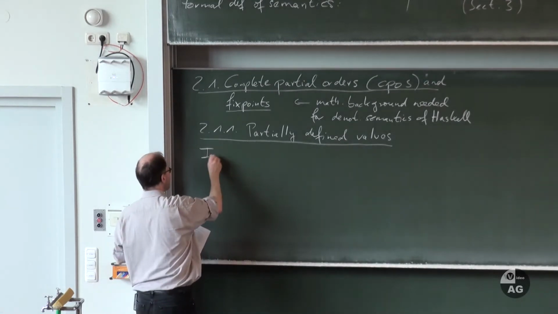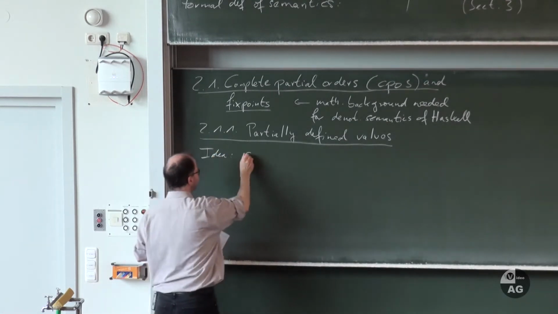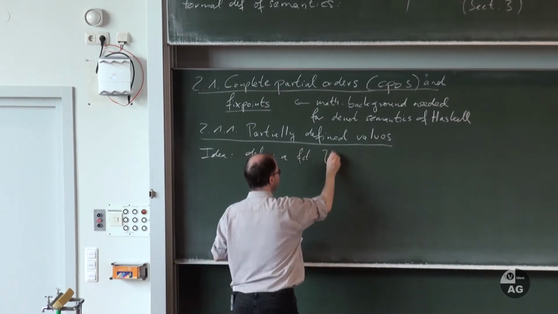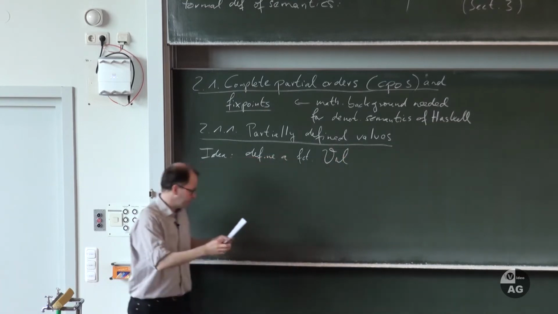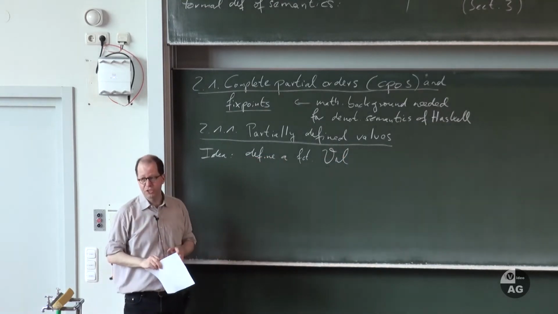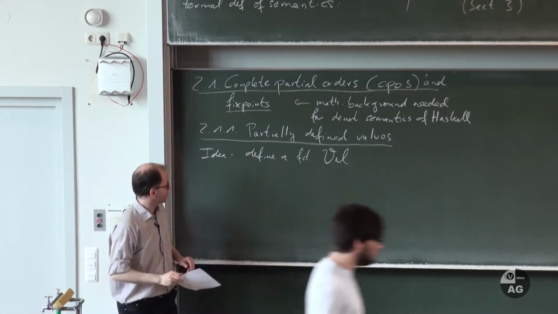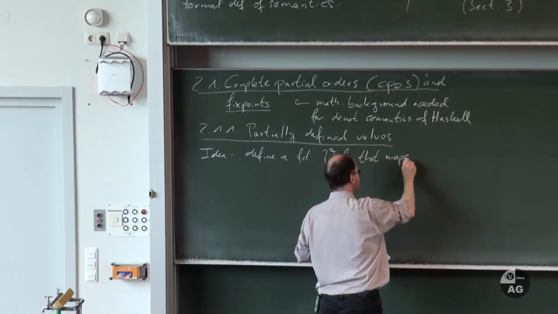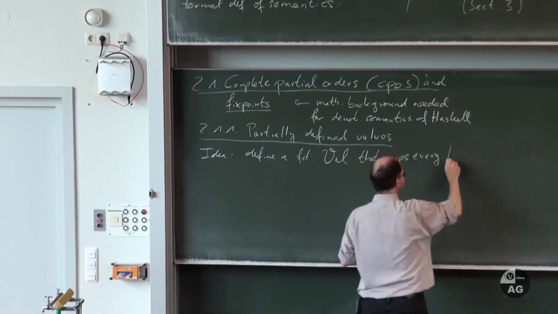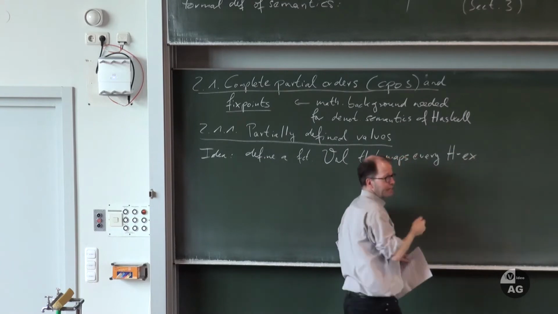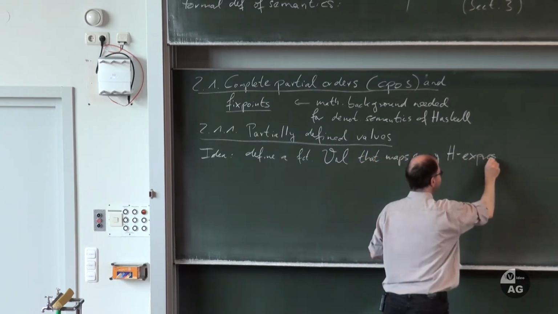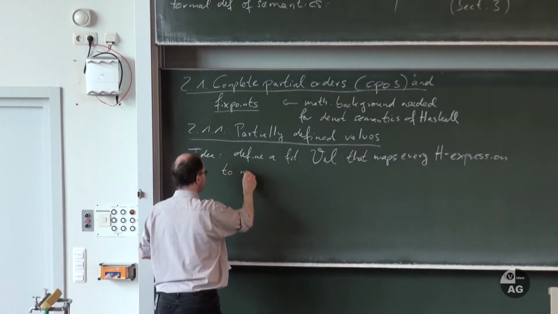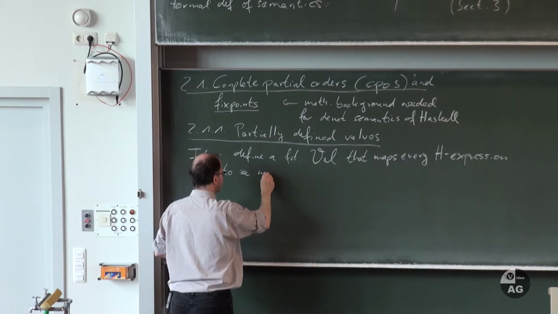So the idea is we will define a function or mapping val, for value, and this function val should map every Haskell expression to some mathematical object. I just write H, and H means Haskell. Every Haskell expression to a mathematical object.